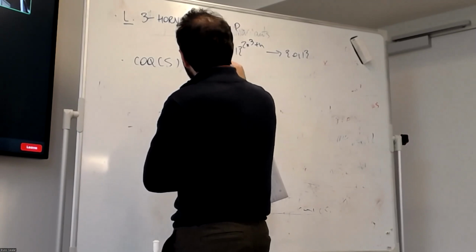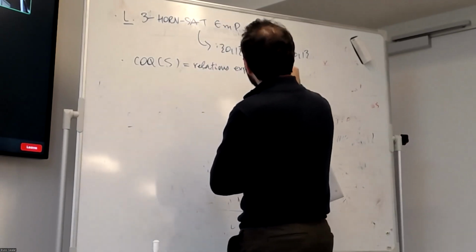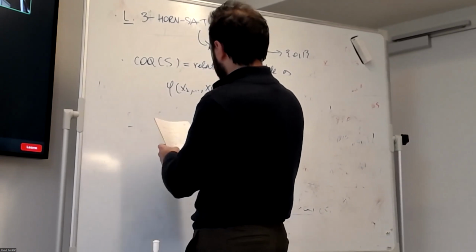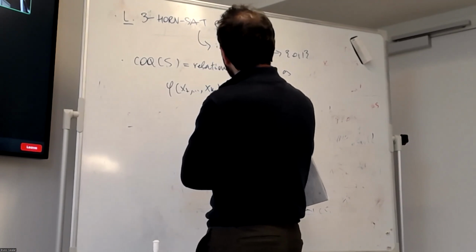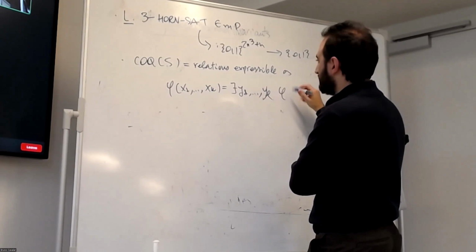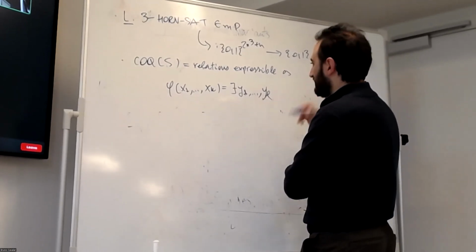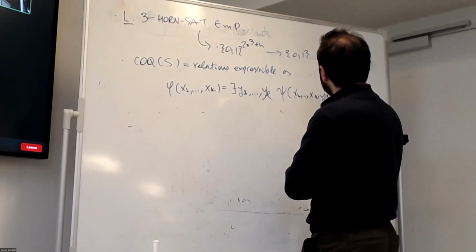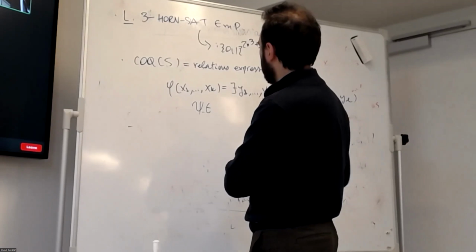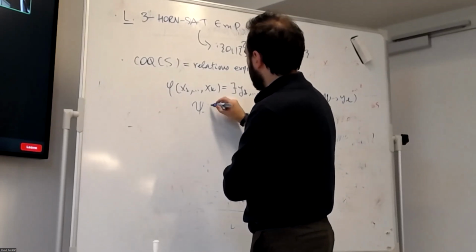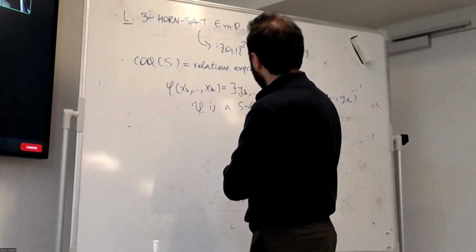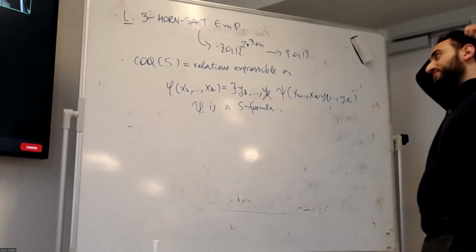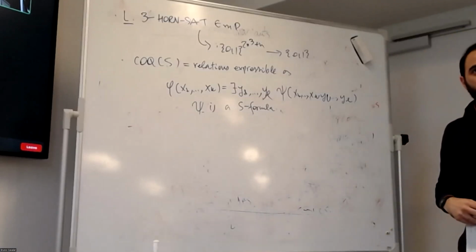So it's all the relations expressible as psi, where psi is an S formula, a set of constraint applications of S. Are k and l related? Just arbitrary constants.